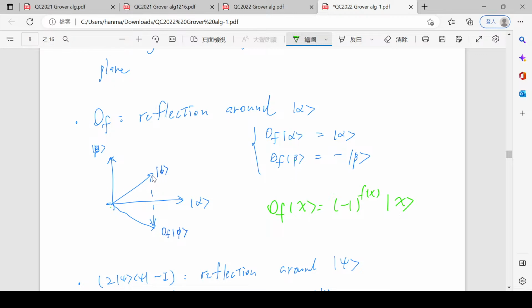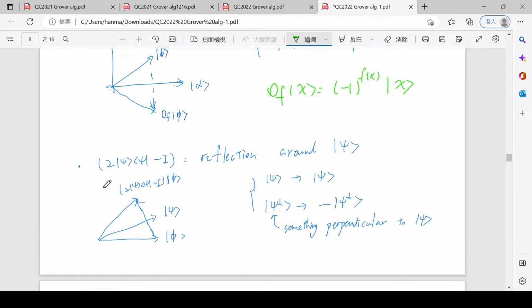Then you can think about your vector in alpha component and beta component, and the beta component gets a negative 1, so you actually do this kind of reflection. If you're up here, you will reflect down. If you are down here, you will reflect up. But you are reflecting around this alpha axis. And then 2|psi><psi| minus I, as we said, is a reflection around psi.